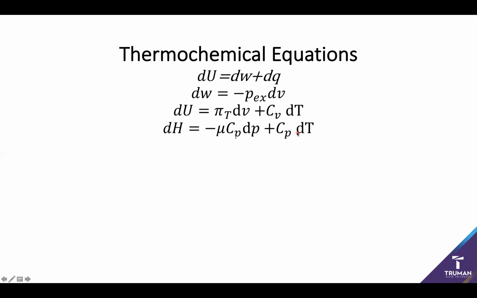So again, one of the things to note here is that we do see the isobaric heat capacity show up twice, once in a temperature dependence and once in a pressure dependence, as kind of a modulation of how pressure and temperature are essentially correlated through the Joule-Thomson coefficient.